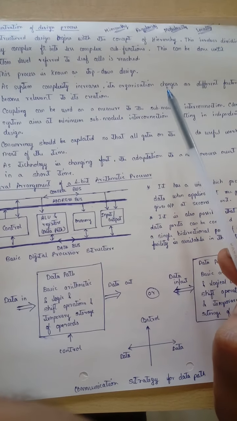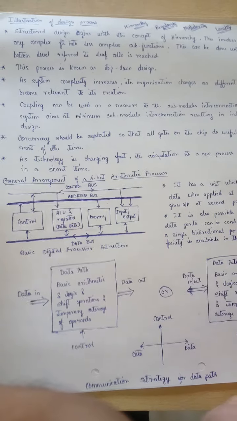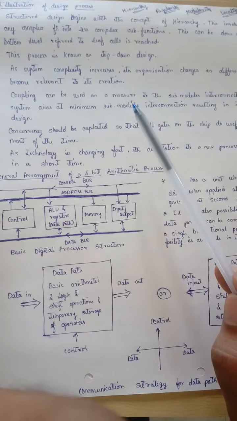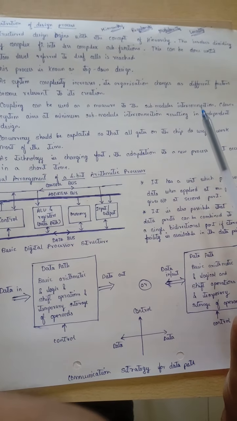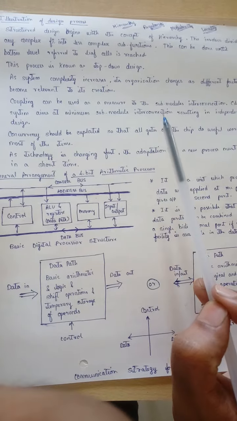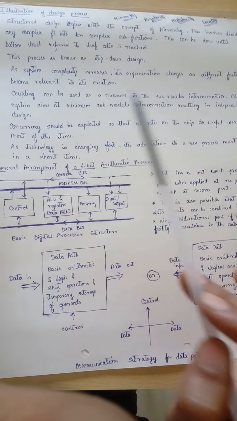As system complexity increases, its organization changes as different factors become relevant to its creation. Then coupling can be used as a measure of the submodule interconnection. A clever system aims at minimum submodule interconnection, resulting in independent design. So what is this clever system?